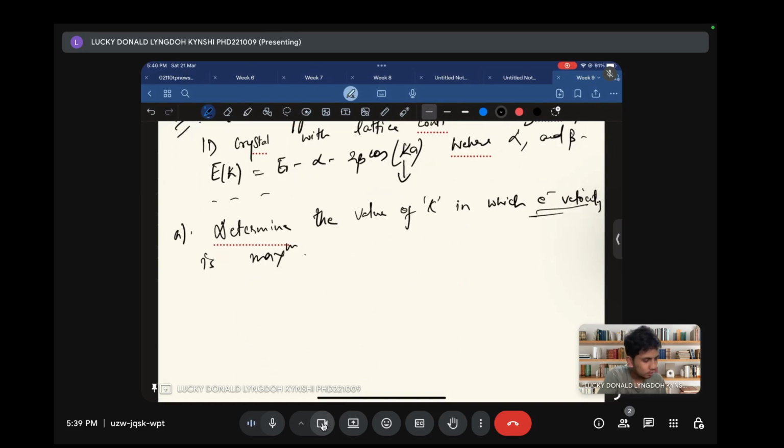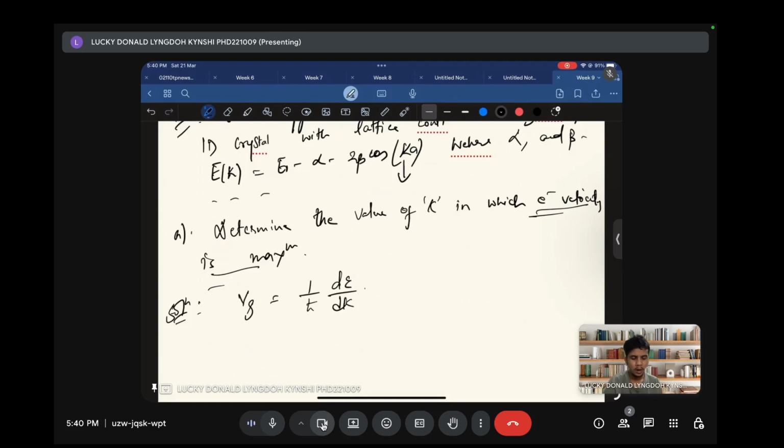So what is this electron velocity? In some previous classes we were talking about the group velocity, right? Here also, the group velocity we are talking about is given by 1 by h cross dE by dk.